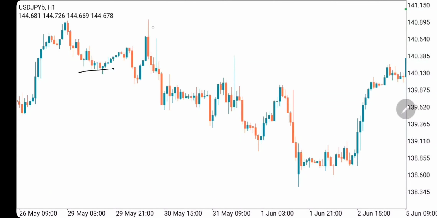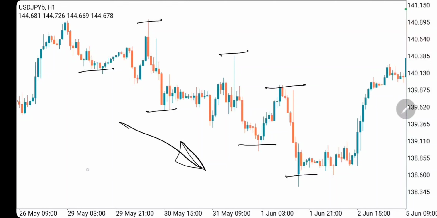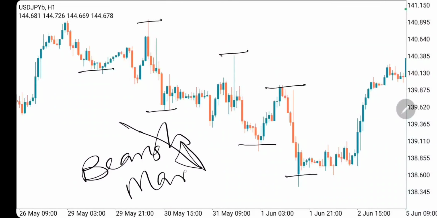The market is making lower lows and lower highs, just like that. So this is a bearish market structure. So that's the third smart money concept you need to be aware of.